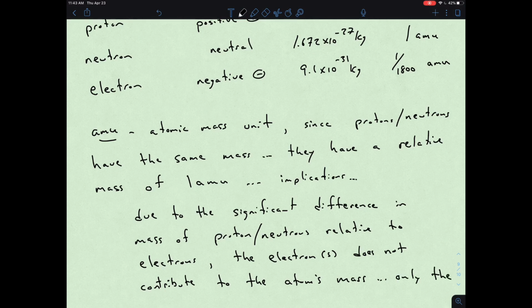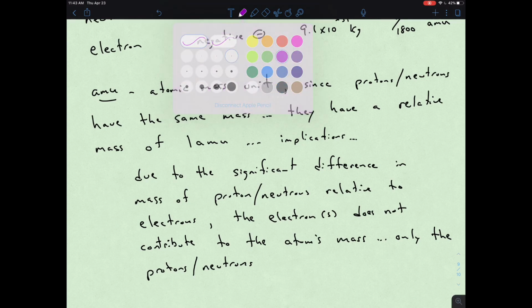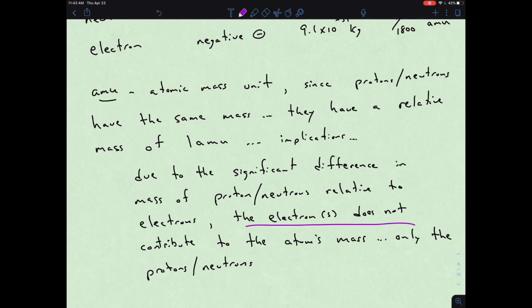Only the protons and neutrons. So that's a big deal as far as understanding that electrons don't contribute to the mass of a particular atom. Only the protons and the neutrons.